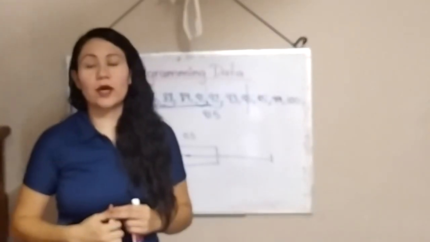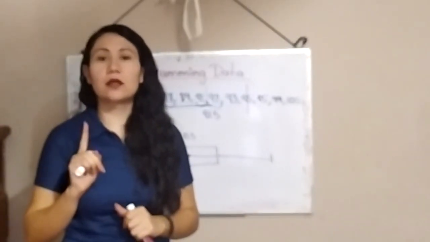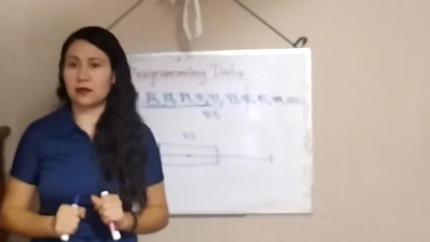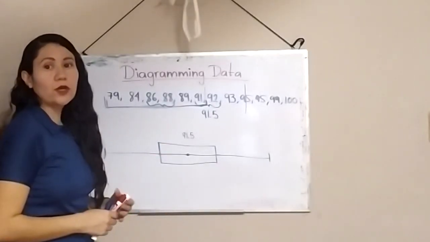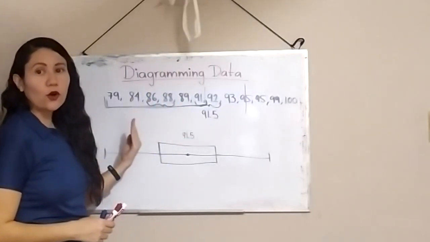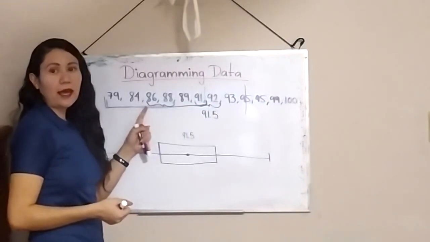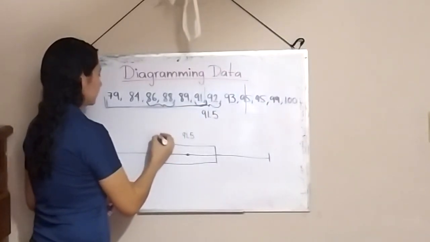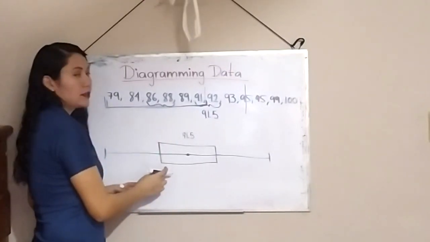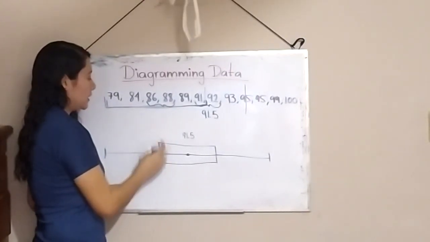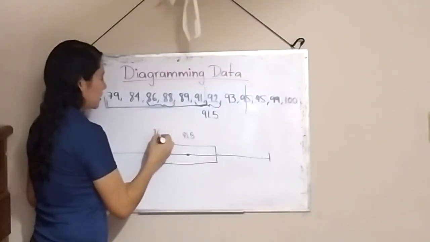But when we are talking about lower or upper quartiles, we are not going to average the median. When we are on the lower quartile, we are going to take the lower value. In this case, we would be taking the 86. And we are going to put it at the beginning of the box. It's 86.